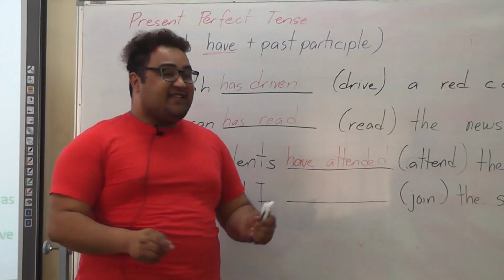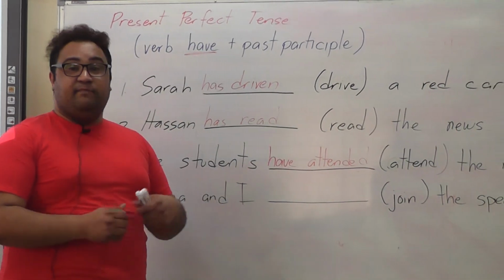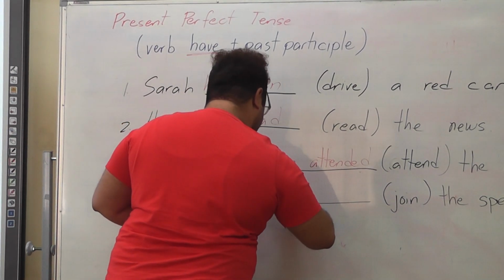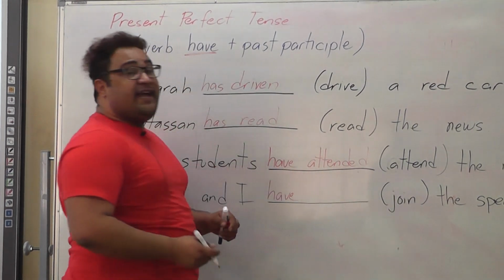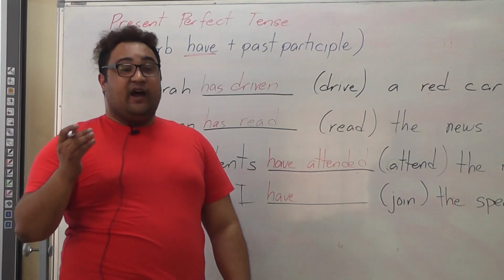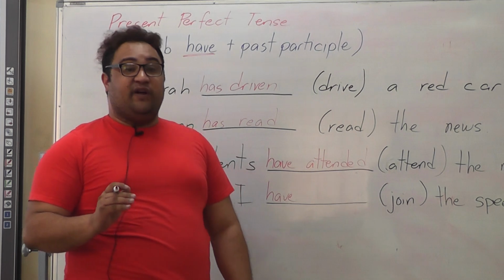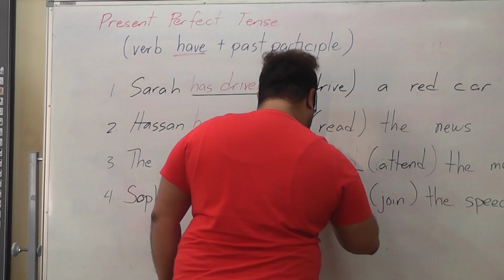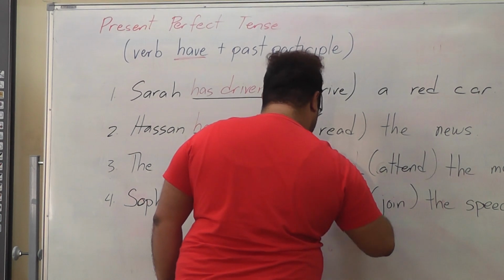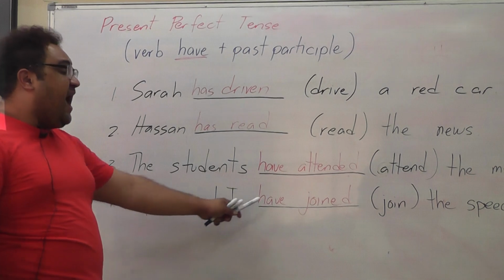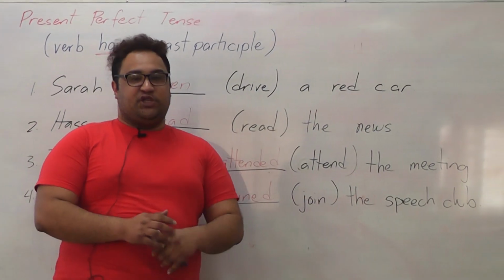So again, Sophia and I, plural, so we use have. And join is another regular verb, so we make use of the past participle of join, which is joined. So, to complete, Sophia and I have joined the speech club.